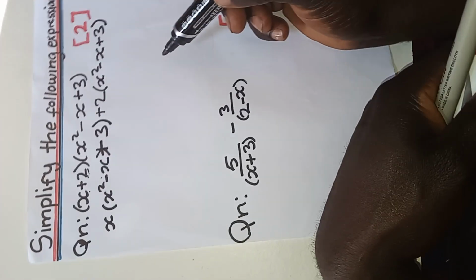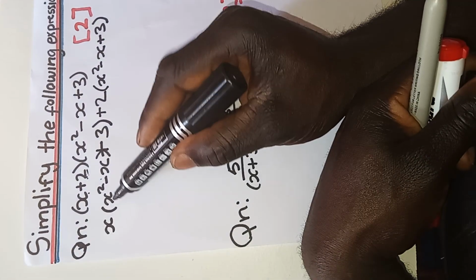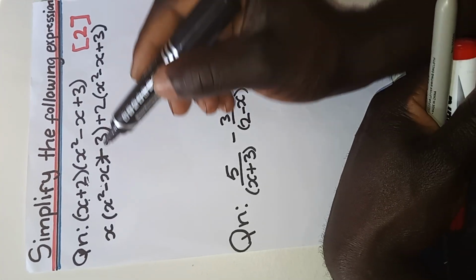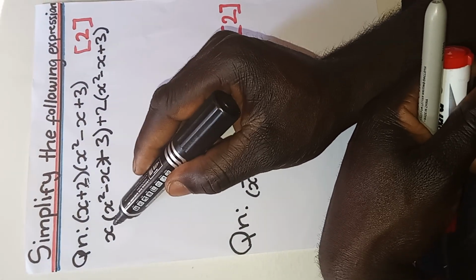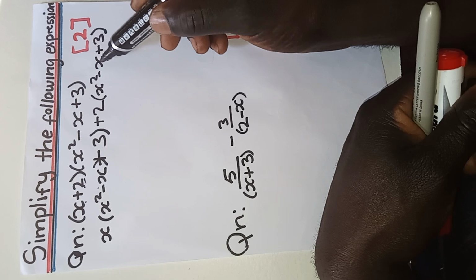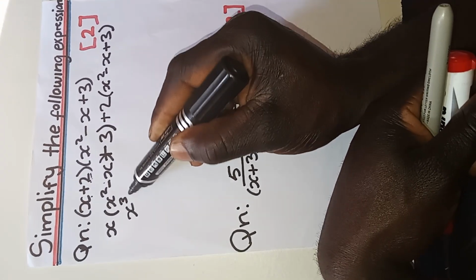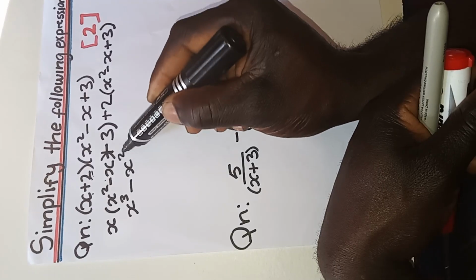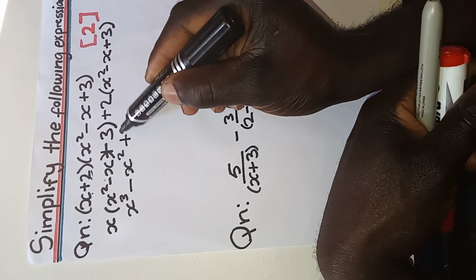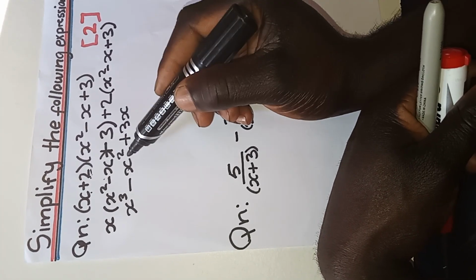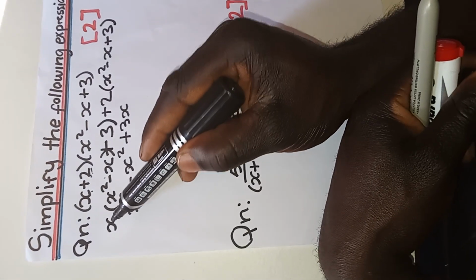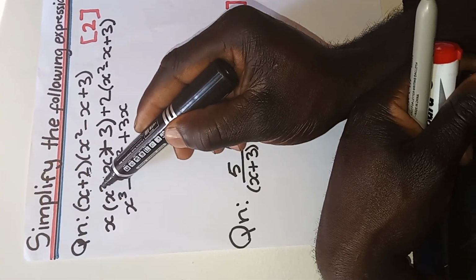Right. Now, having arranged it like this, the only thing left is to multiply everything with this x and everything in the next bracket with this 2. So the first part becomes x³ − x² + 3x. To those who are beginners, I'm multiplying this x times this x².